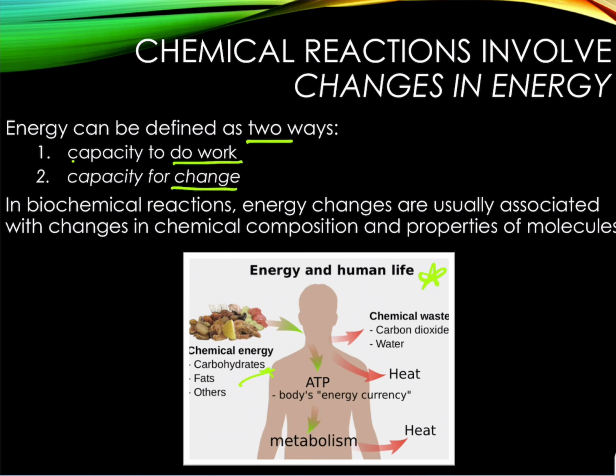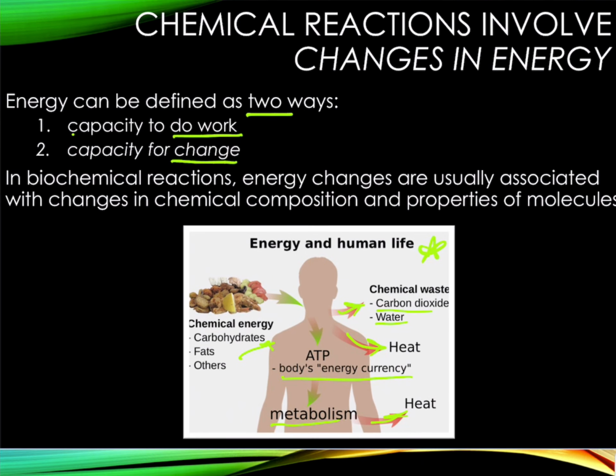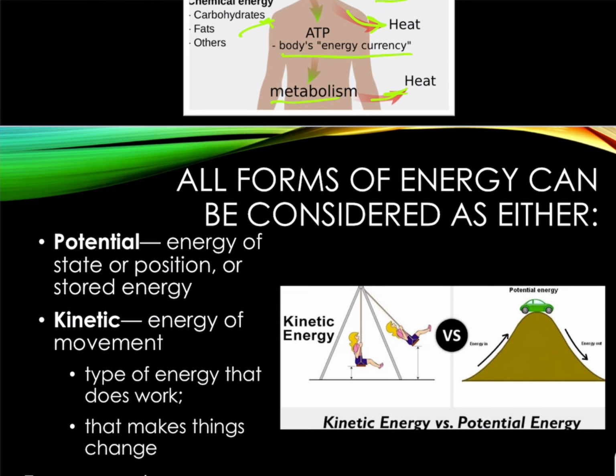That's going to be converted into ATP, the body's energy, right? That's going to be used for metabolic processes. We're going to lose heat during this process at several steps. And then we'll have chemical waste from these metabolic processes, such as carbon dioxide and water. So those changes are occurring during these chemical reactions.